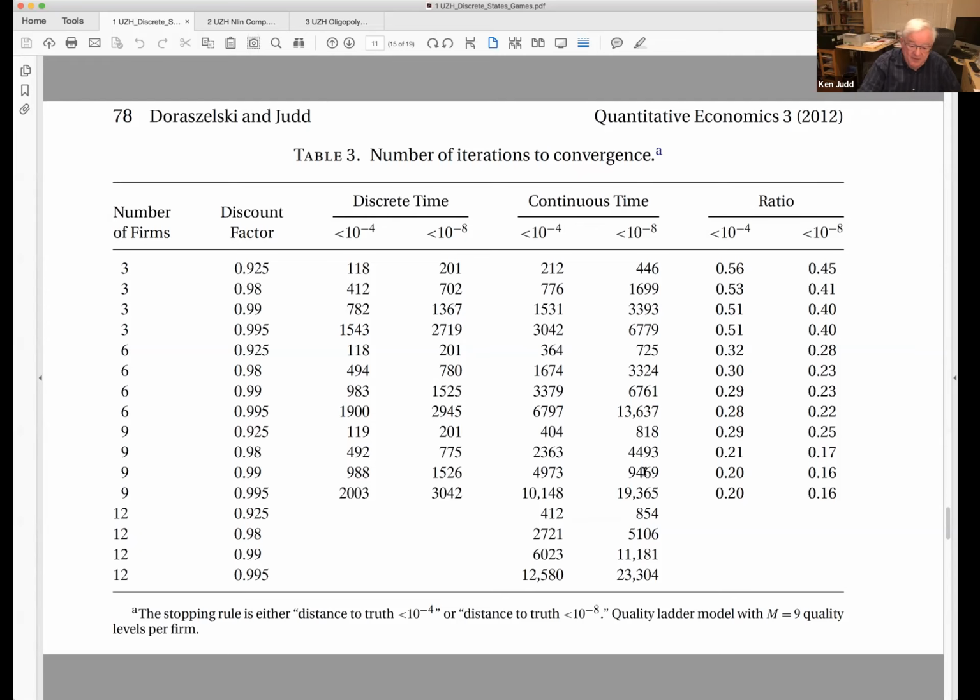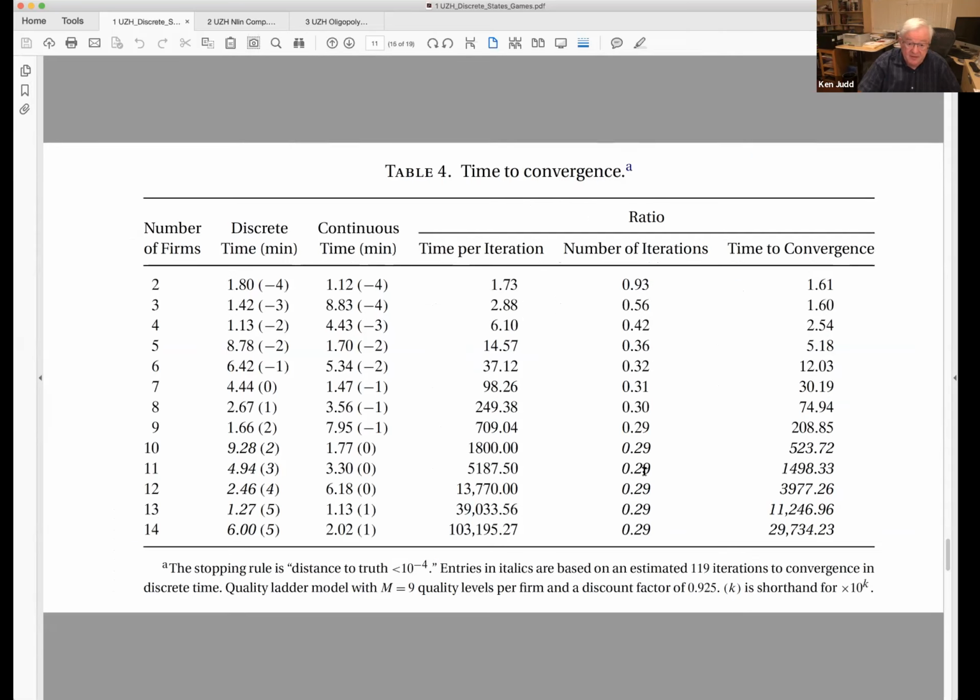However, the overall time, when you put the two together, and this is again up to 14 firms, 9 quality levels per firm. Here the state is the quality of your product. And here the wall clock time is 29,000 times.